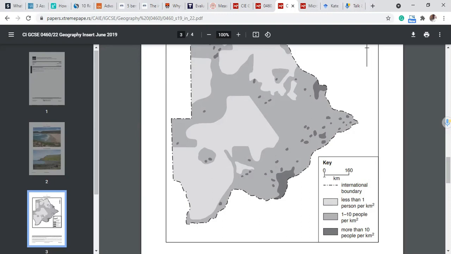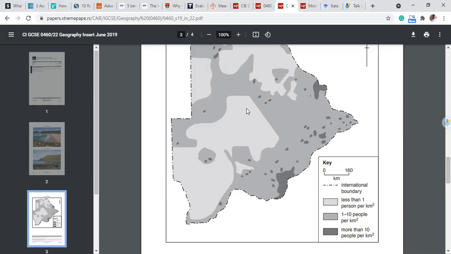So just estimate: if from here to here is 160 kilometers, and this place might be about three times this, so 160 times three, that means the place is generally sparsely populated. Over a 500-kilometer stretch from the west is sparsely populated. You can measure it, just take your ruler, measure it and use it.